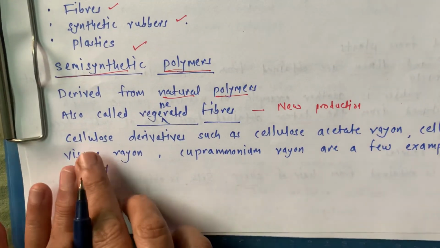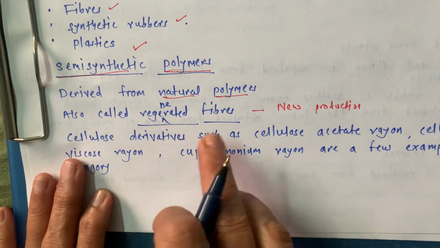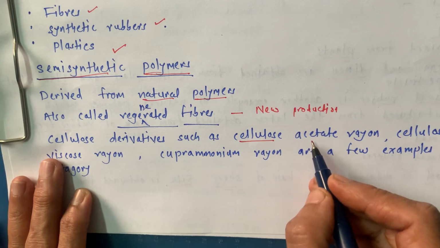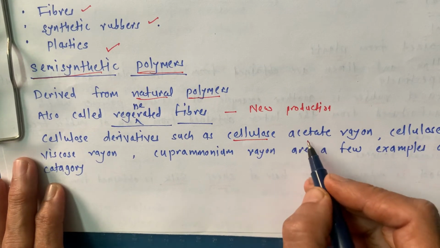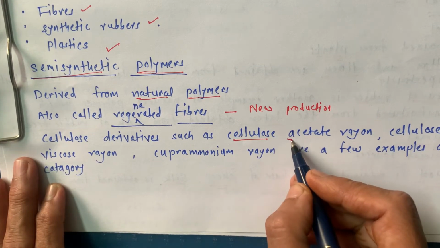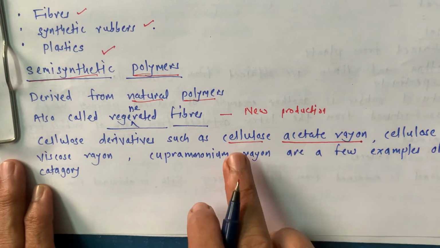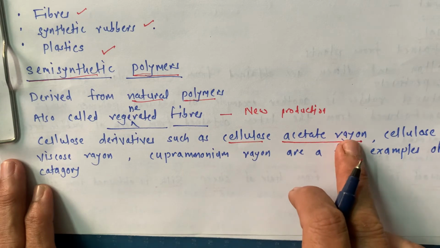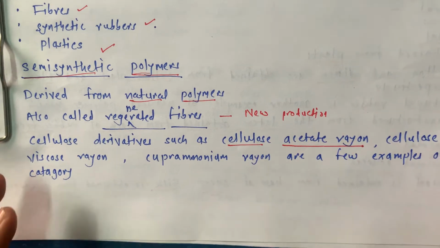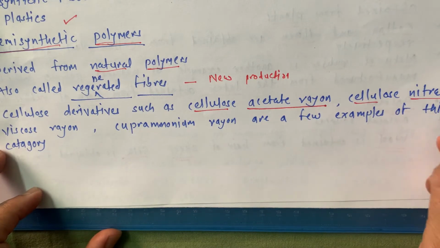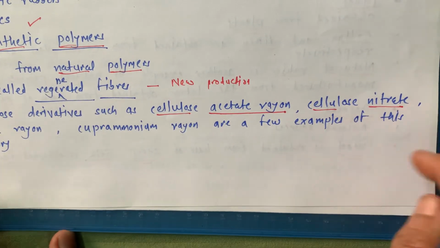How are these so? Cellulose derivatives: when we do reactions on cellulose, with acetate we get cellulose acetate rayon. Then if we apply the nitrate reaction on cellulose, we get cellulose nitrate.